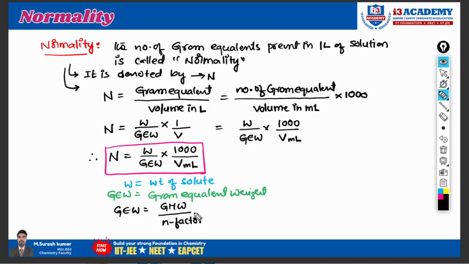Okay. Next, one more important point here: normality is dependent on temperature, because there is a volume factor.